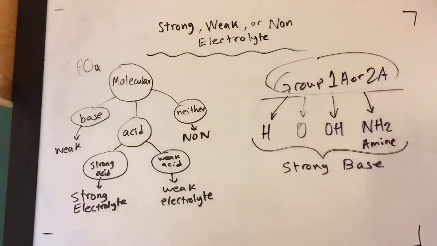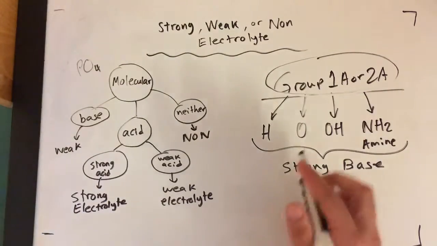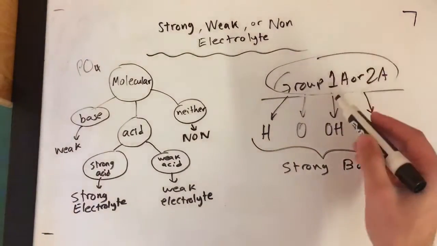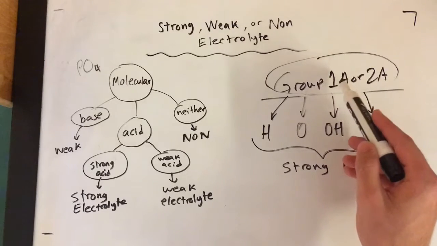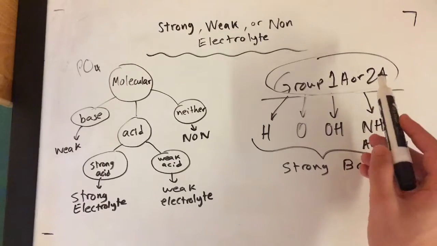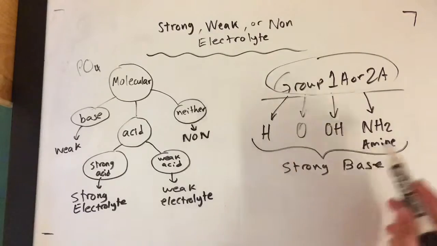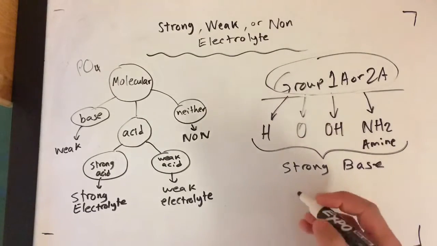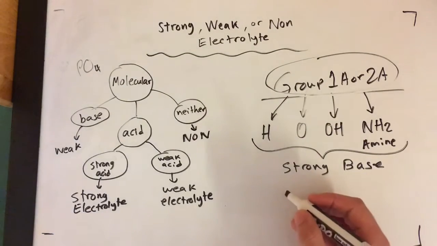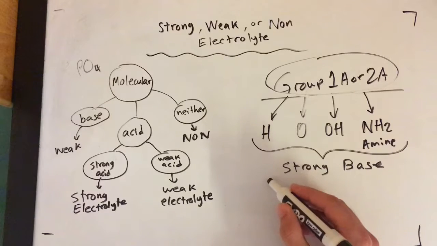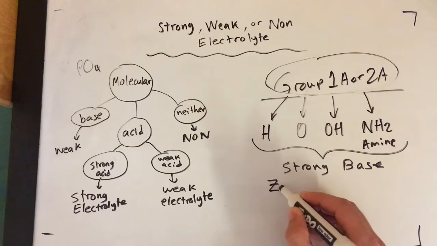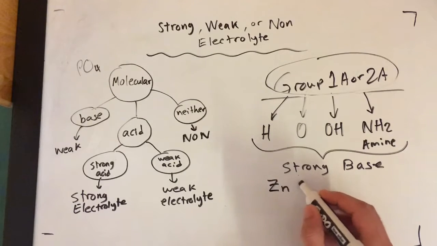Now, if you have anything else that is paired, anything else other than a group 1A or a group 2A metal paired with one of these, that would be a weak base. For example, you could have, let's say, zinc paired with an oxygen.